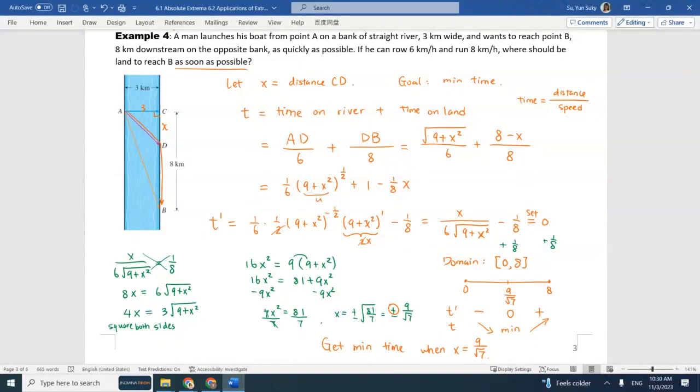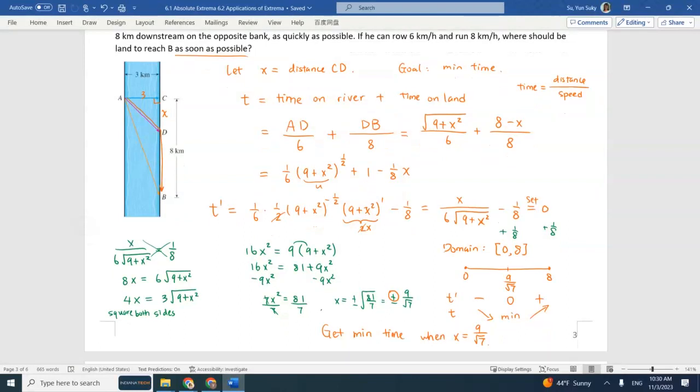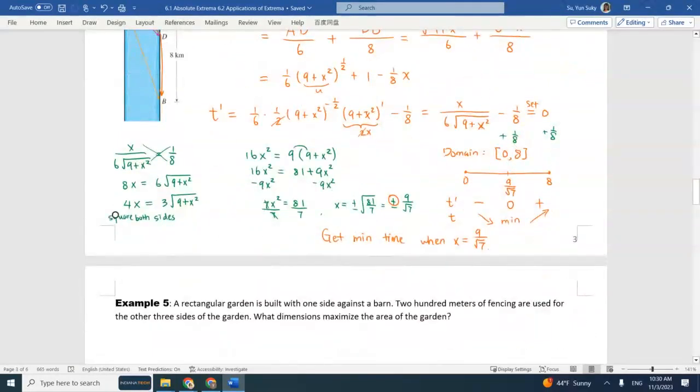Yeah, this is exact, so I'm okay with that. Okay. So far, so good, everybody? Yes. This example is harder because the derivative is more complicated. Okay, next one.